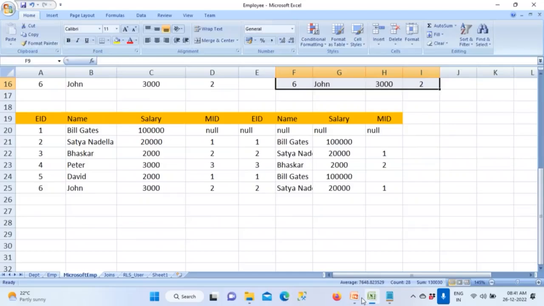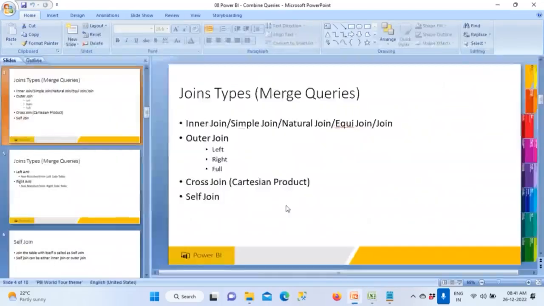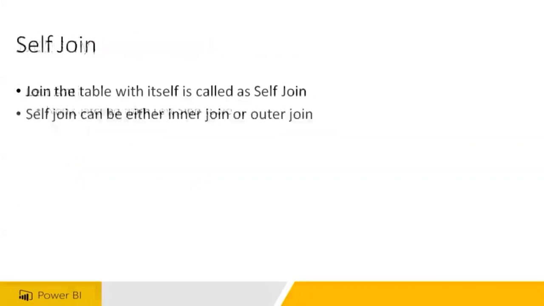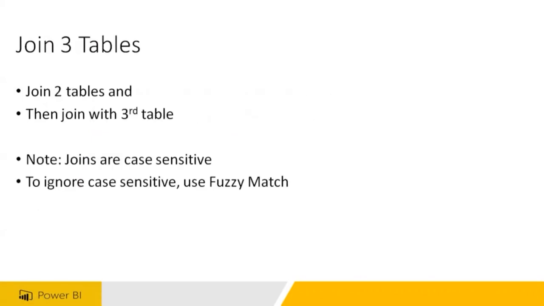Joining the same table again and again repeatedly. That is the interview question: what does self join mean? Joining the table with itself is called a self join. A self join can be either inner join or outer join, so whatever you want to get, you will be able to get the data.